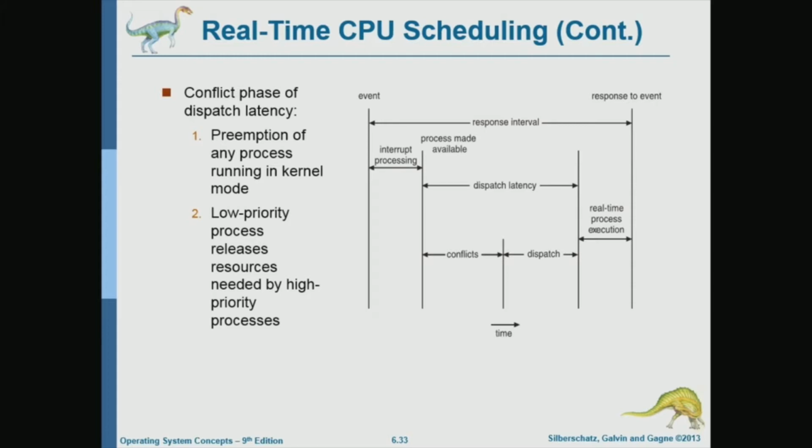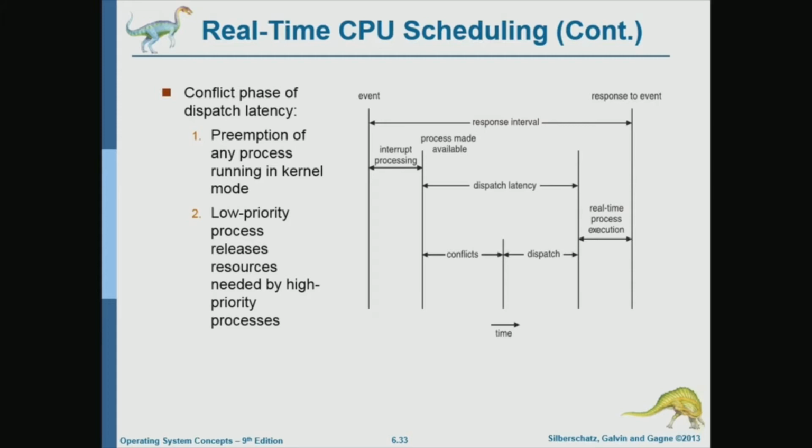And that delay includes the time that the system needs to handle the interrupt first, because it's interrupt driven. So when an event happens, that generates an interrupt, and the interrupt gives control to the kernel, and then the kernel will have to resolve that.